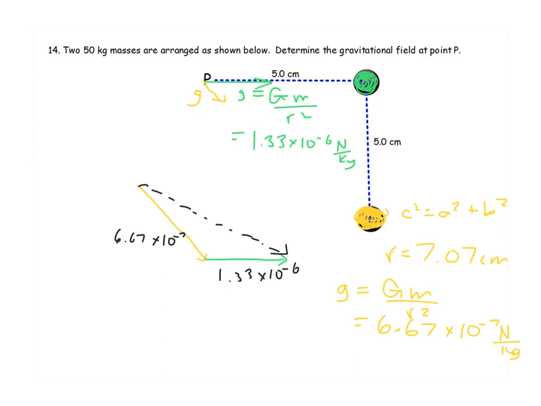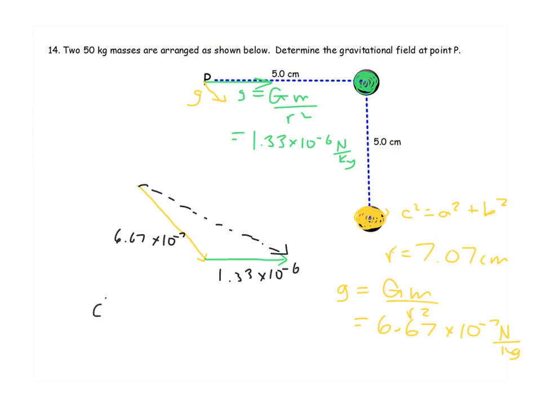Now you'll notice when you look at that triangle, that is not a right triangle. So we're not able to analyze it as a right triangle, but what we can do is split it up into components, or we can use cosine law in order to analyze it.